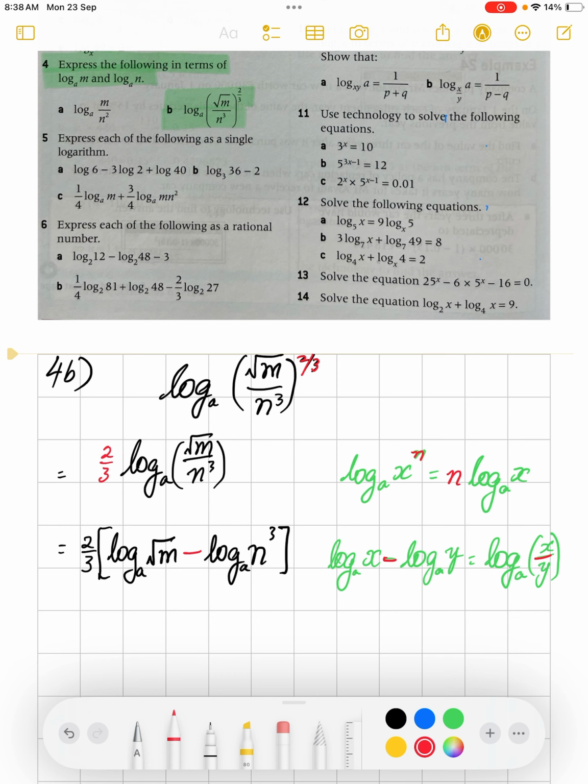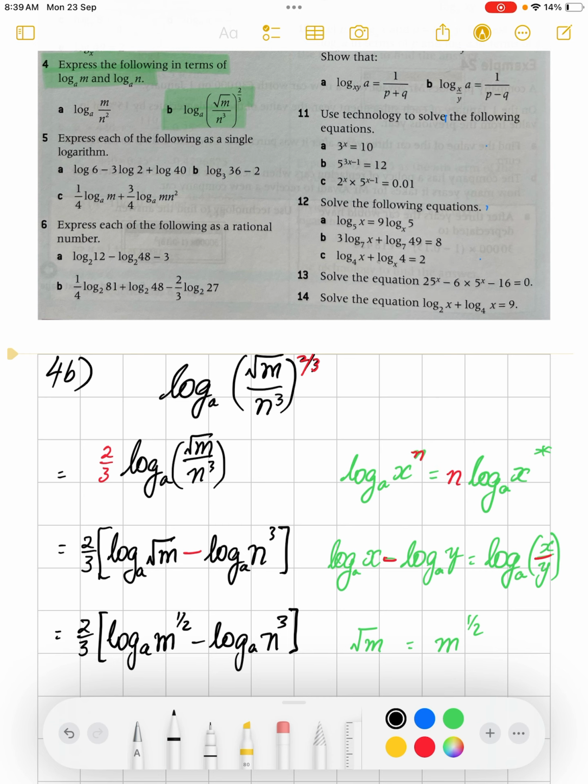Now I'm going to take that square root of m and change it into m to the power of a half, and then I will use this first rule again up here. So let's just say that's 2/3 times the log of m to the half, minus the log of n cubed, to base a.